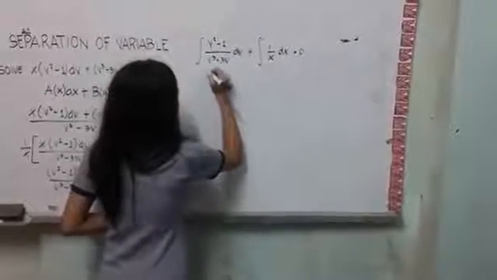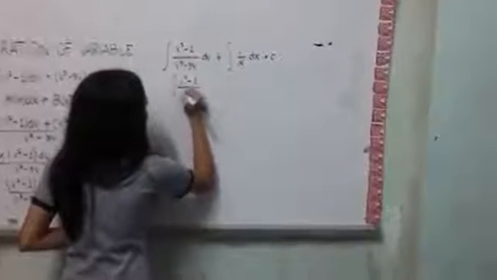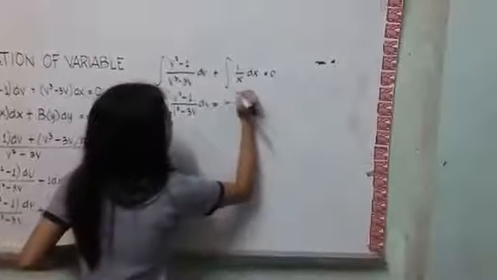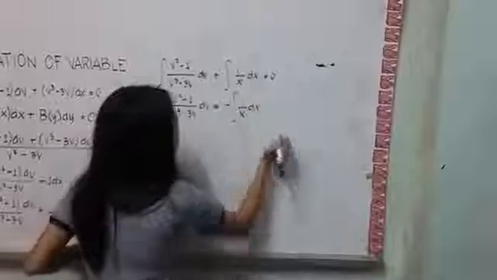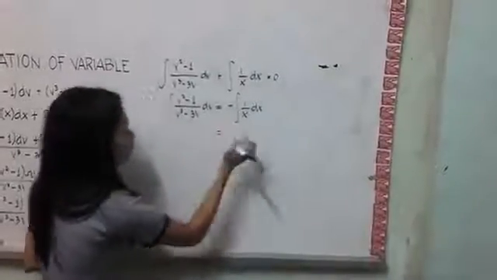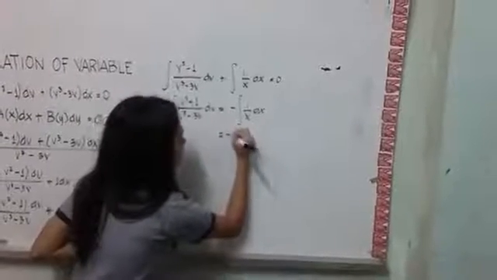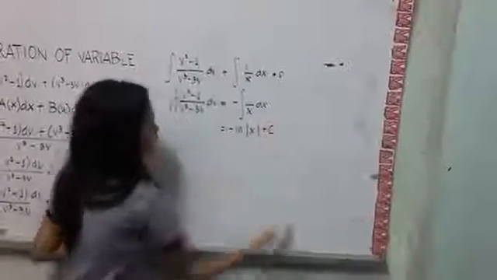So we will have this v squared minus 1 over v cubed minus 3v dv equals negative integration of 1 over x dx. So here, the integration of 1 over x is equal to negative ln x plus c.